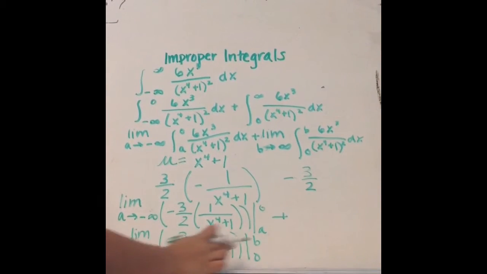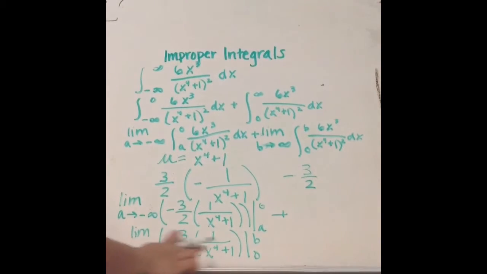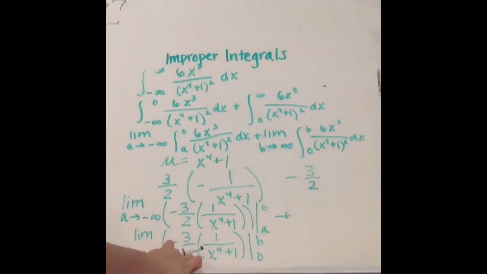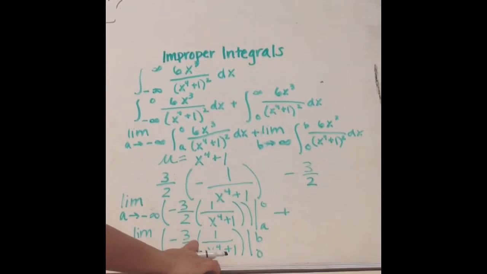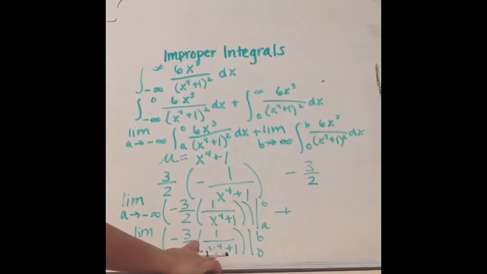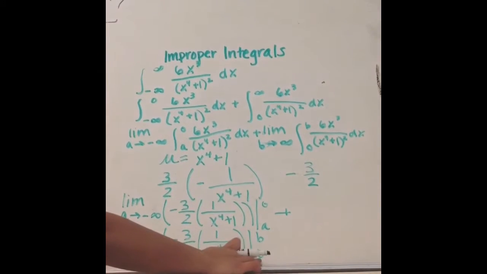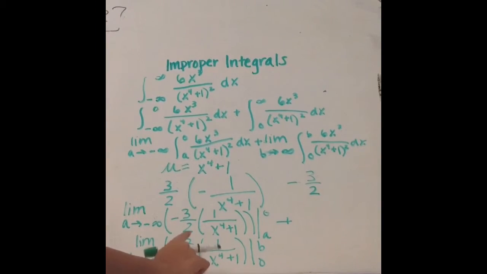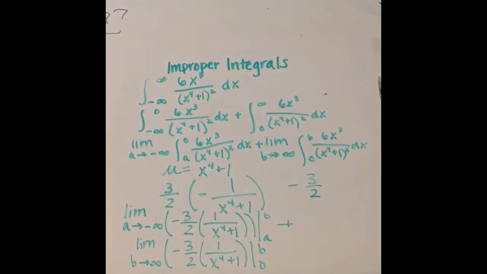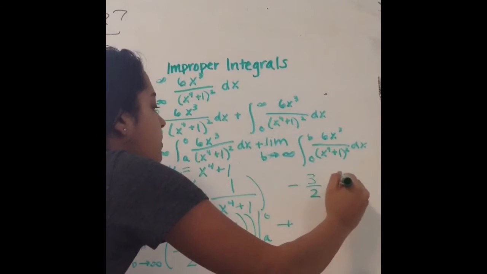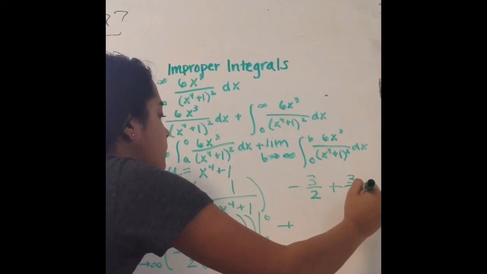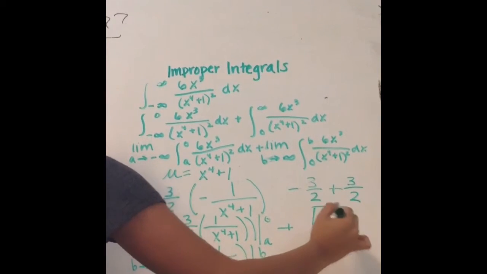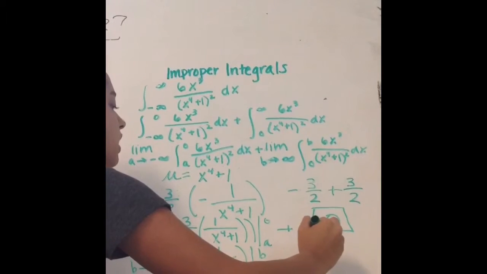Now, when we replace b into this, the same exact thing happens because b is approaching infinity, so it becomes pretty much 0. And then when we put 0 into this expression, it's 1 over 1 times negative 3 halves. And because it's minus negative 3 halves, it becomes plus 3 halves. So this value becomes 0. So this integral is convergent.